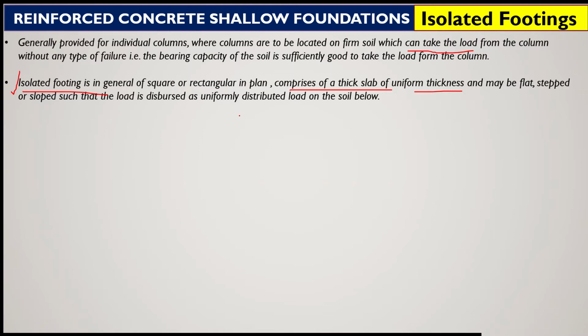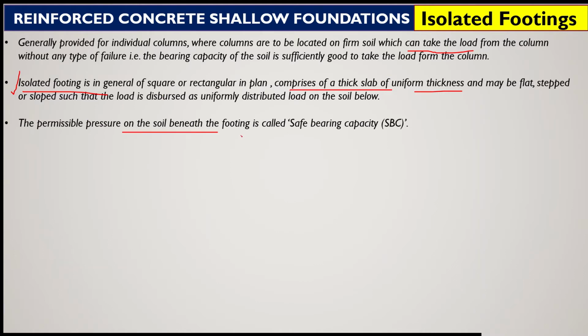That means if there is any settlement at micro level, then that settlement will be uniform. So this is the purpose of the design of isolated footing. Now, permissible pressure on the soil beneath the footing is called safe bearing capacity.